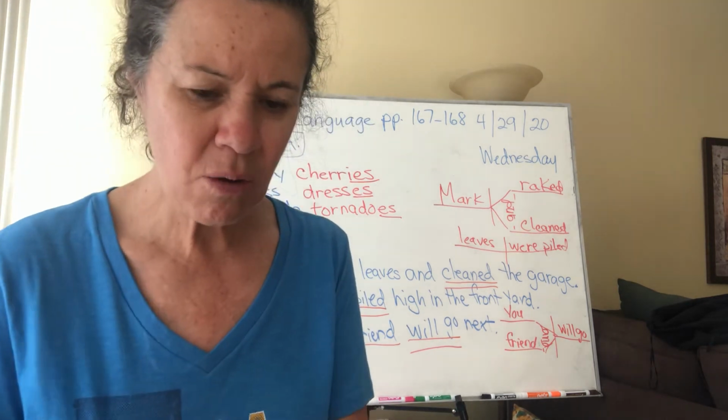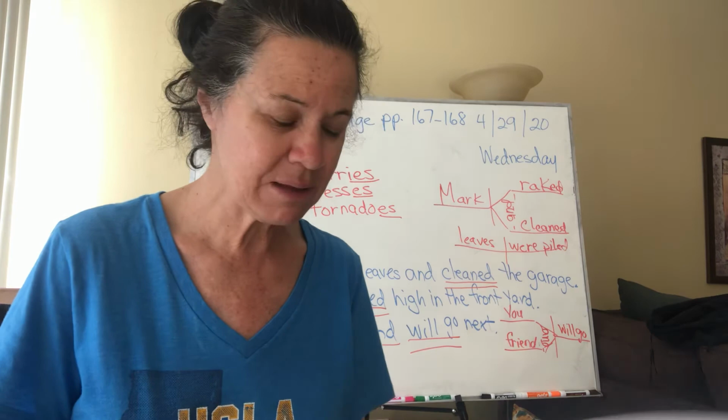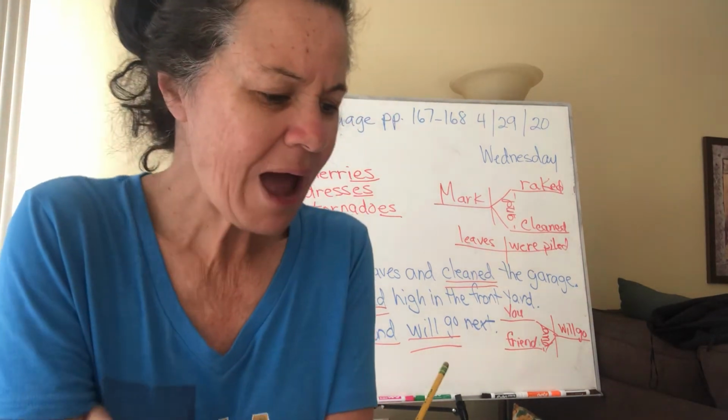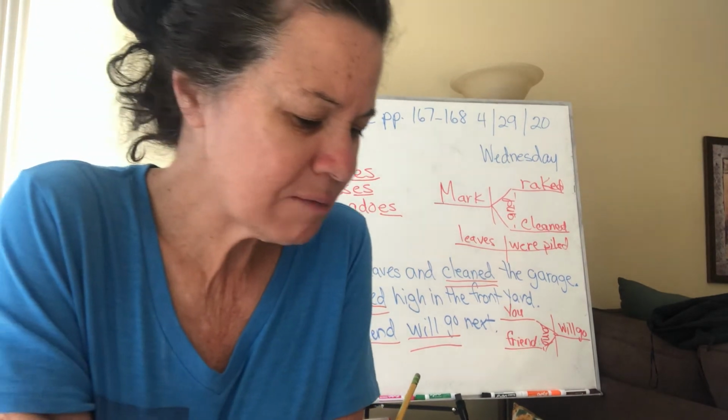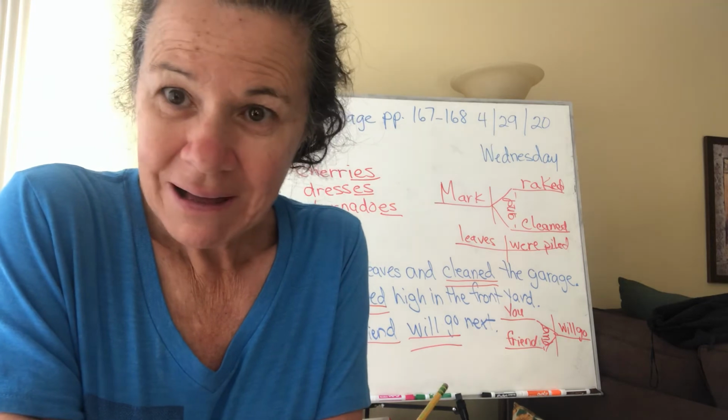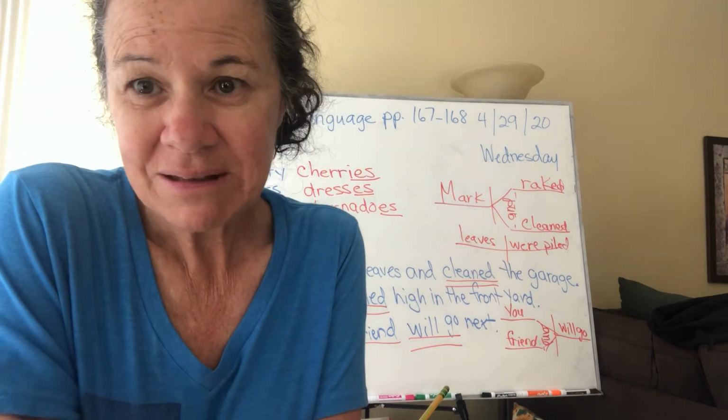All right, so that's how you do page 167, some examples. And then on 168, you have, it says looking back, and this is basically everything we've talked about pretty much since the beginning of the year.